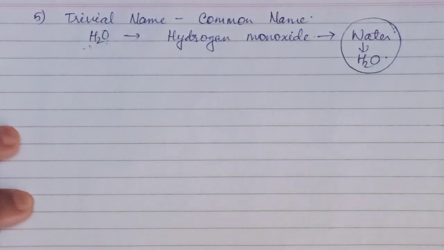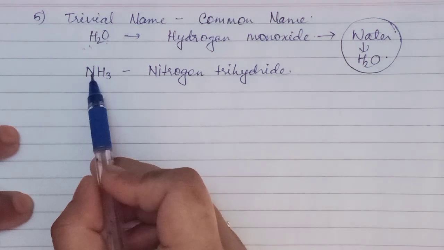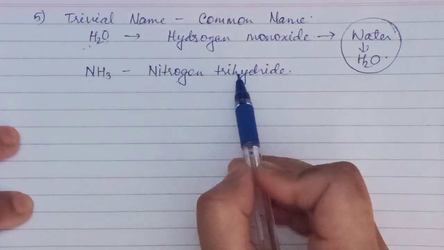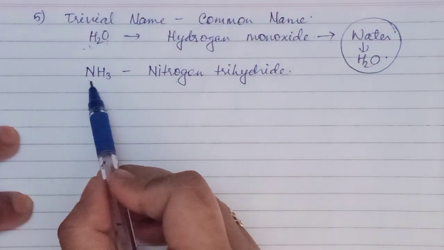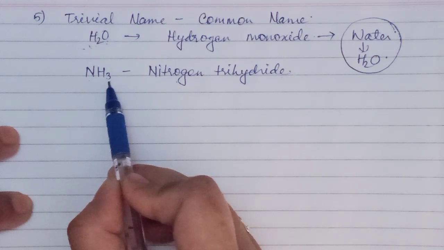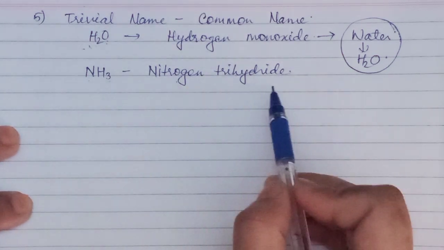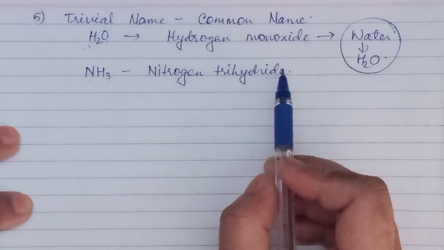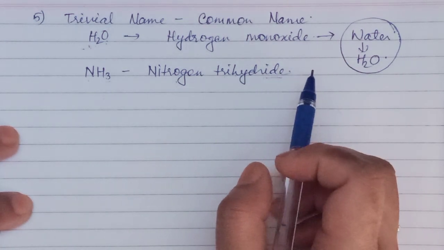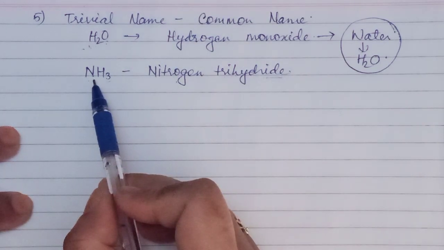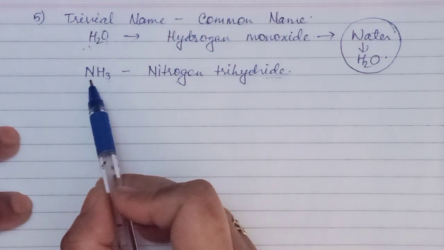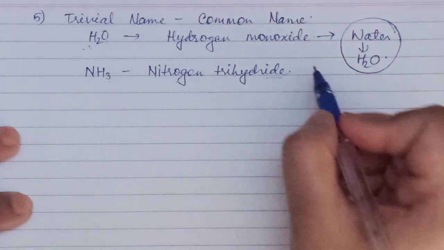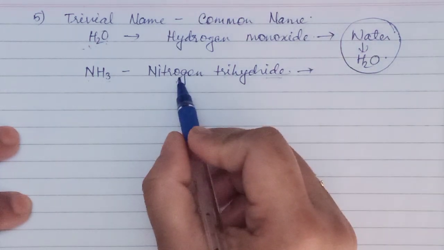Now one more example is here. That is NH3, nitrogen trihydride. Nitrogen is here, 3 atoms of hydrogen, that's why tri, and hydrogen is hydride. It will end with IDE like we have discussed in the second step. So nitrogen trihydride, we never use this chemical name.